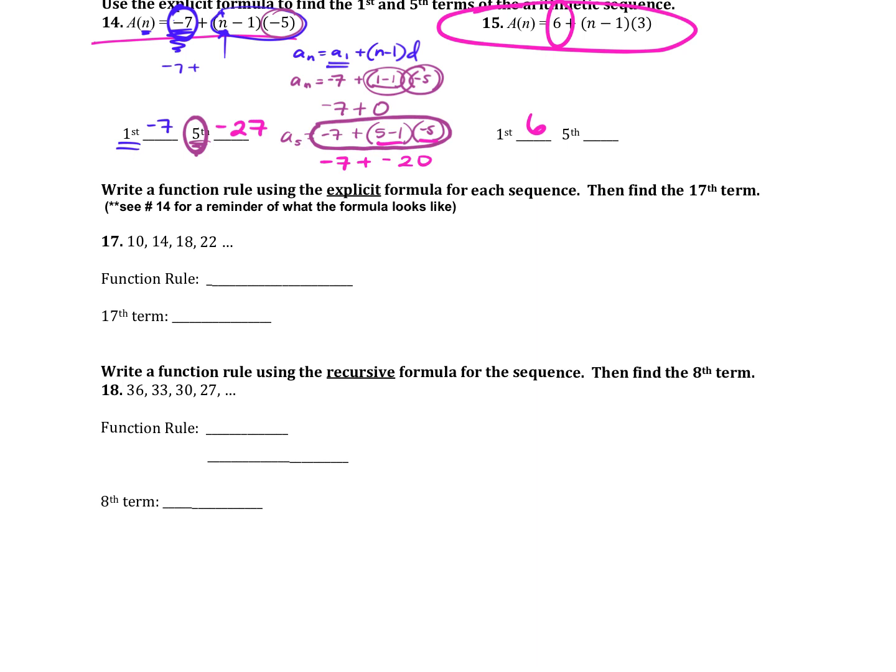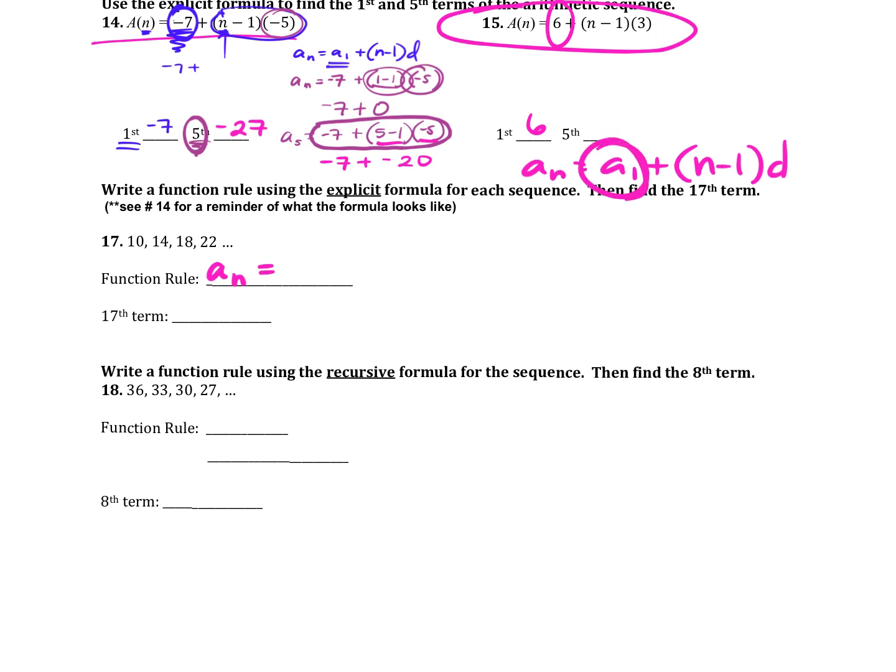Okay, so the function rule. You're going to see this right at the top of the page or right at the top of this question even, I think. So you're going to have this, which means I'm going to say a sub n equals, what is going to take the place of a sub 1?